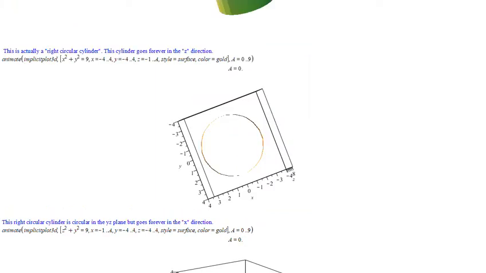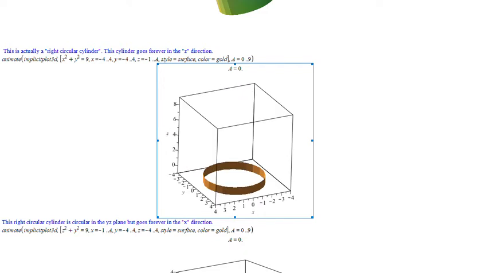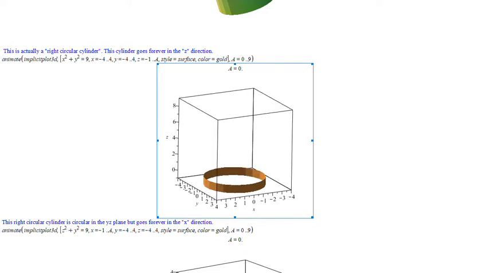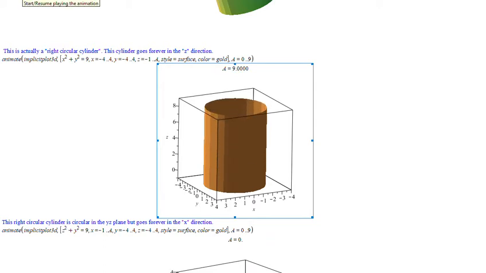Now in this figure we see a circle in the XY plane, and that circle goes infinitely in the Z direction. So it's like a circle stacked on top of a circle forever.